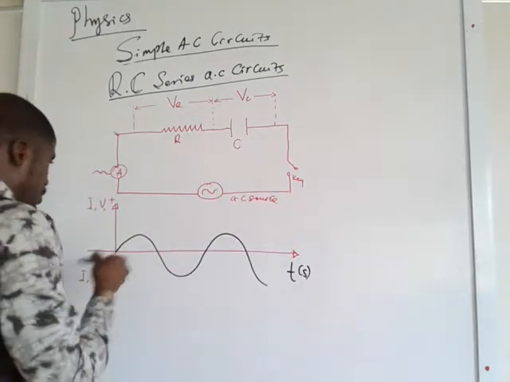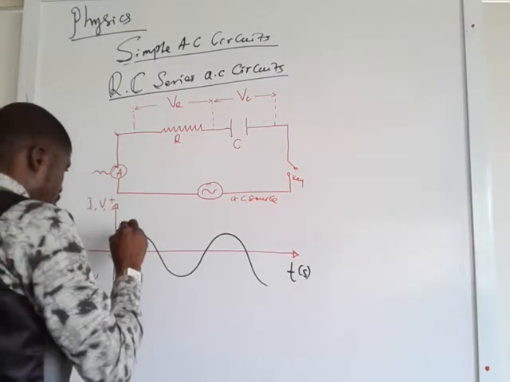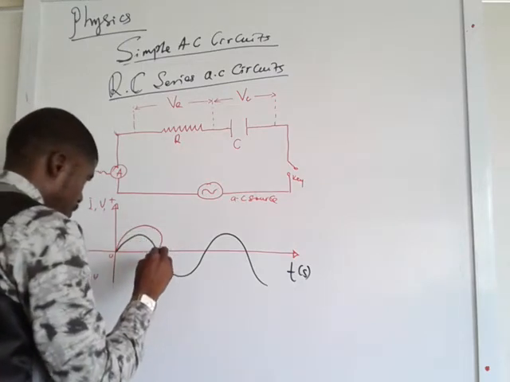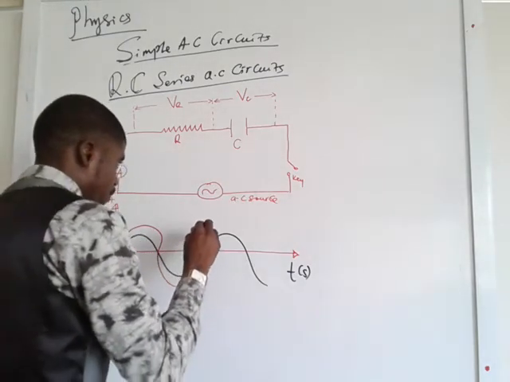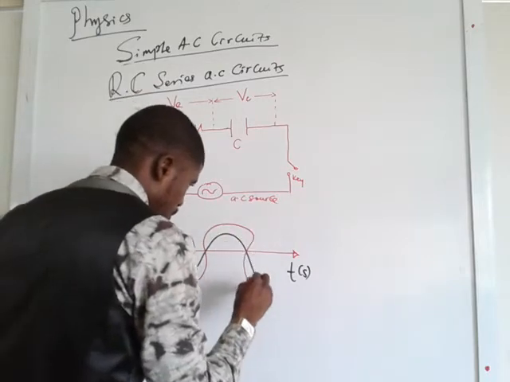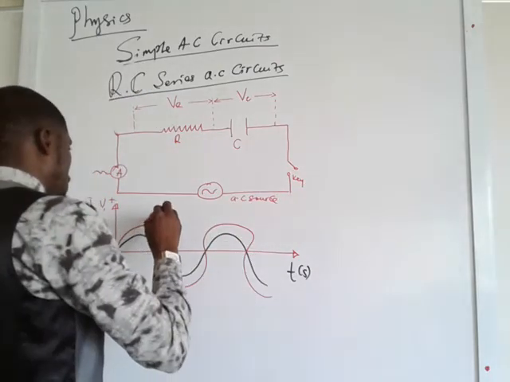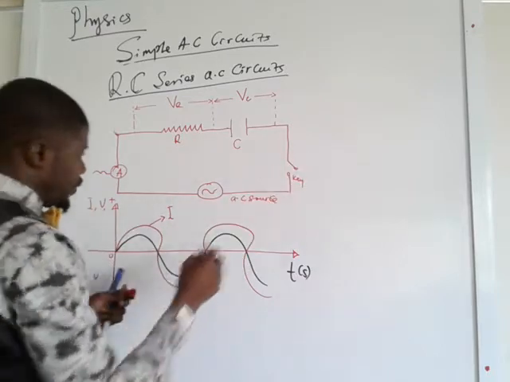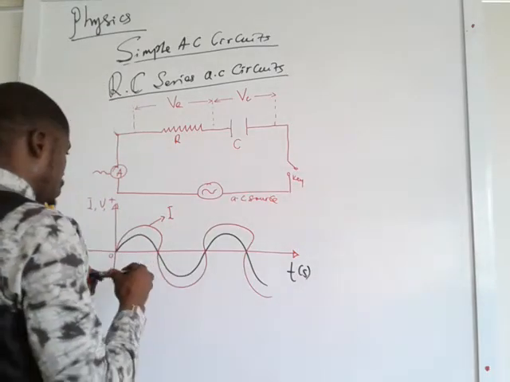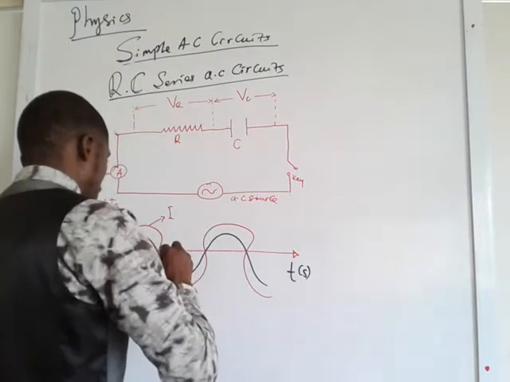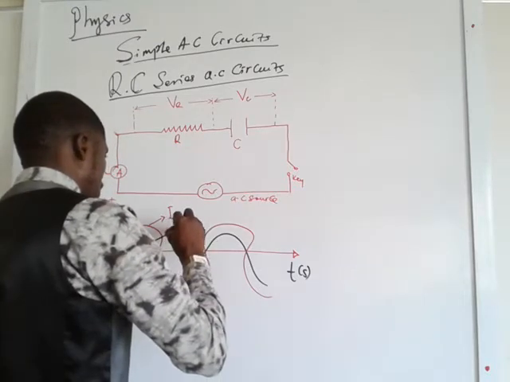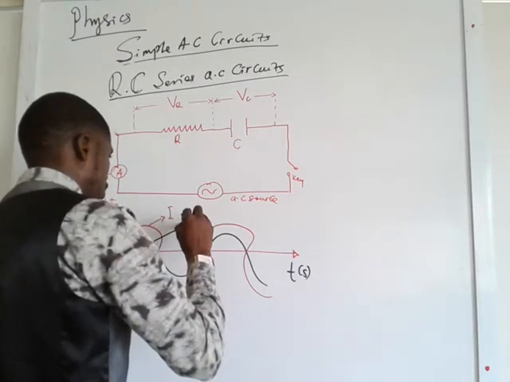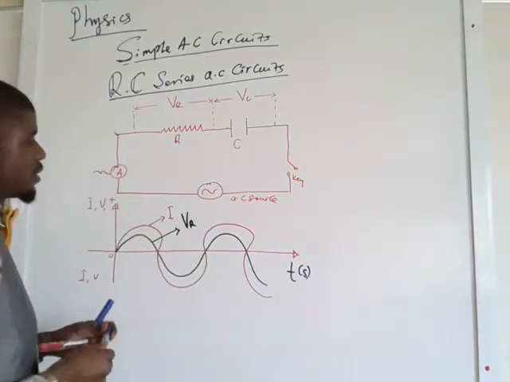And let this be our current vibrating with the voltage in the same phase. Let's call this our time, our current, the current in the entire circuit. And then let's call this the voltage across the resistor R.